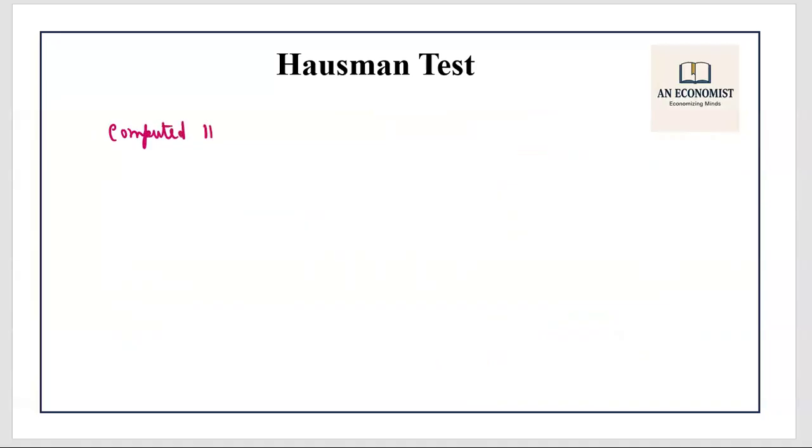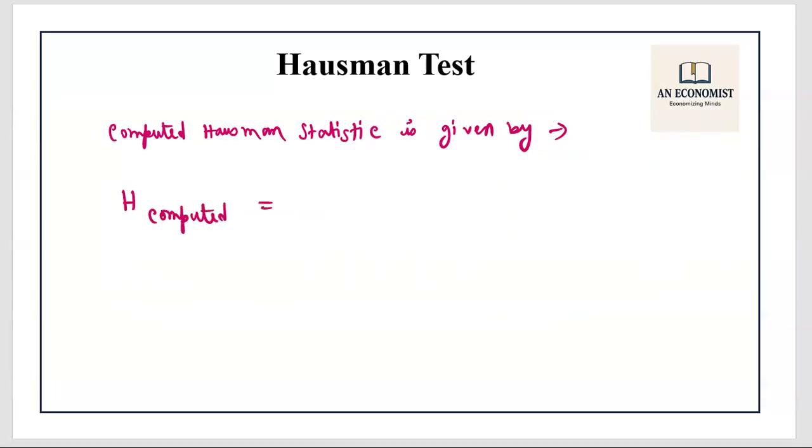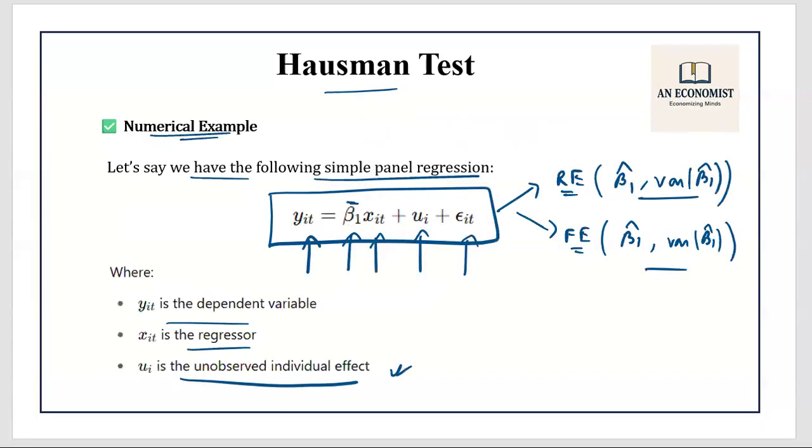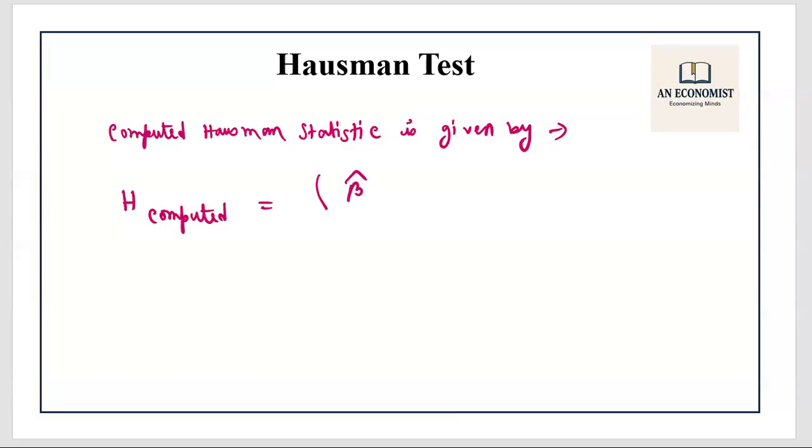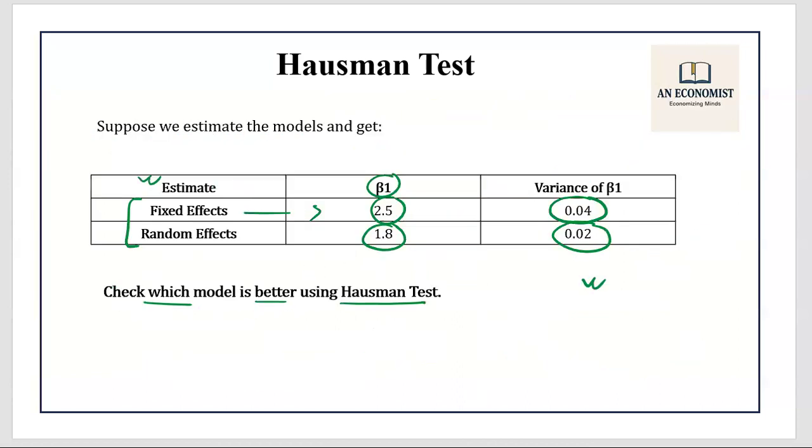The computed Hausman statistic, H computed, is simply given by: firstly, beta cap under random effect minus beta cap under fixed effect, whole square, upon the variance of, firstly the fixed effect and then the random effect.